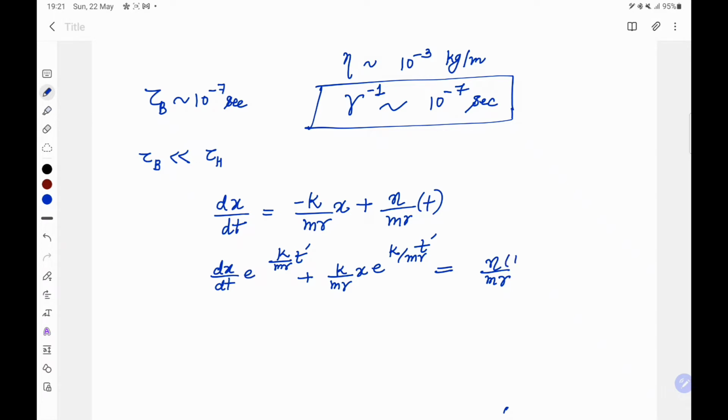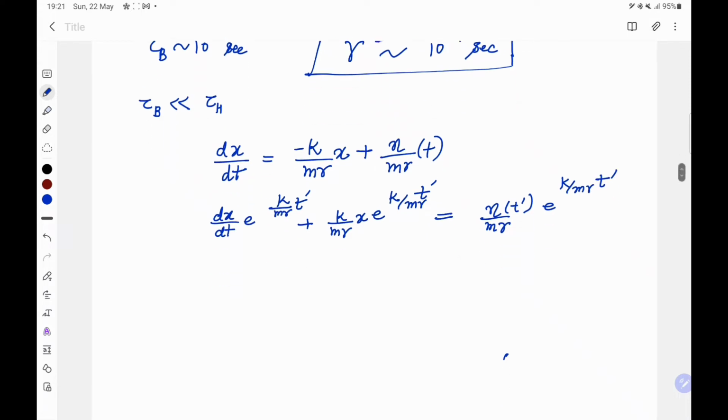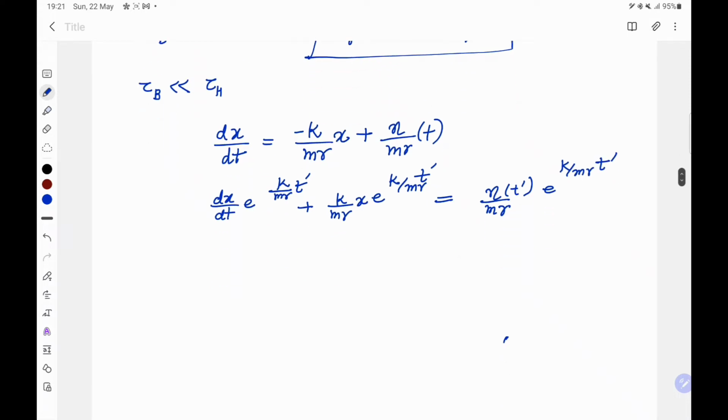M gamma eta t prime e to the power kappa over m gamma t prime. Since we have to integrate it, we will integrate it from 0 to t. That's why I just changed the variable from t to t prime for now.